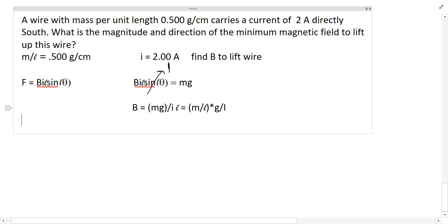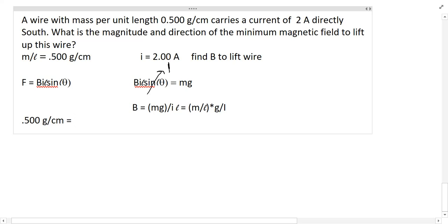To convert grams to kilograms, we multiply by 10 to the minus 3.